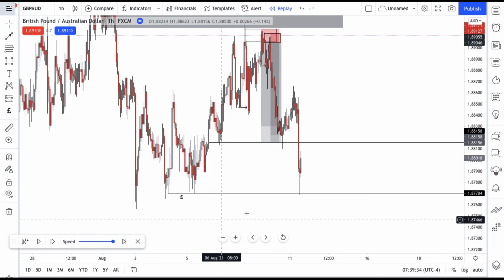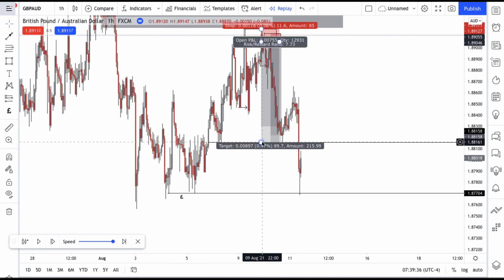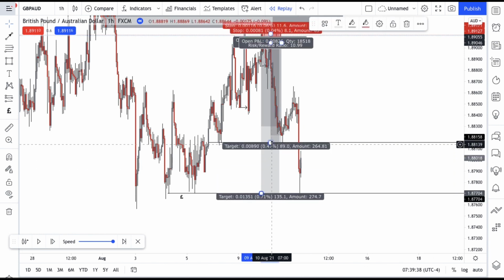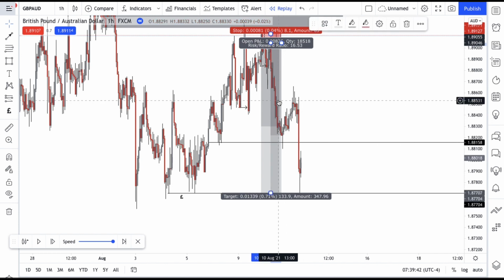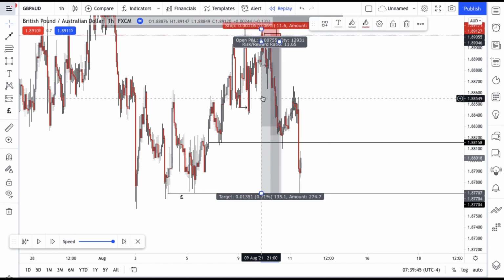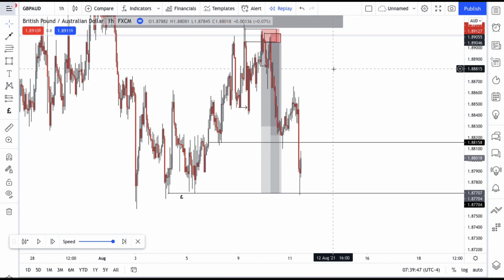As you can see, price also hit our TP too. So if you were to hold down to this point over here, you would have got yourself a nice 16 risk to reward on the second entry and 11 risk to reward on the first entry, which totals up to about 27 RR, which if you were risking 0.5%, you could have got yourself a nice little 13.5%.